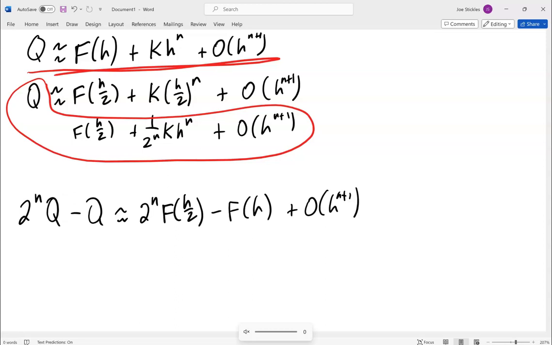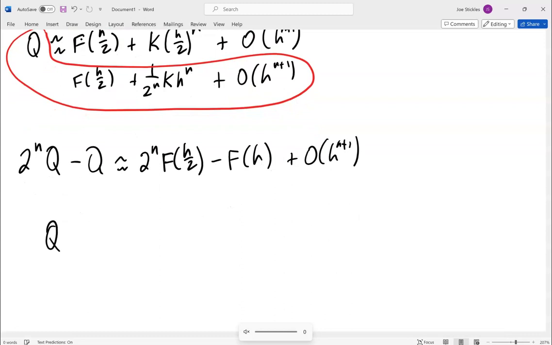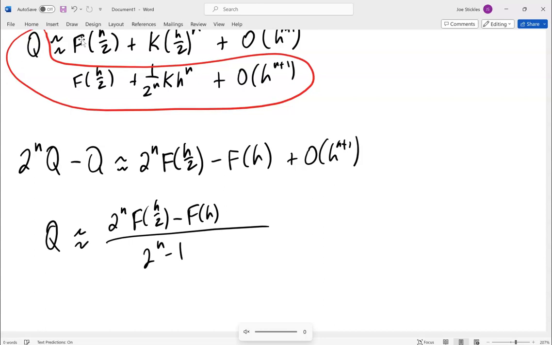Can we solve this for q? Yeah. I'd have 2 to the n f of h over 2 minus f of h all over 2 to the n minus 1. I really probably should be using equal signs on the end, but it doesn't matter.